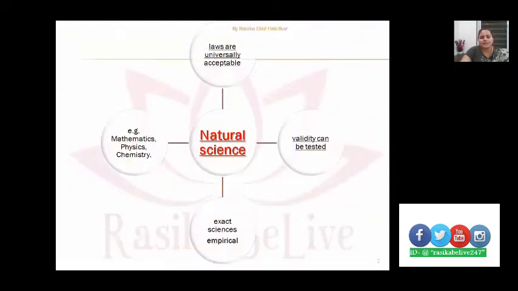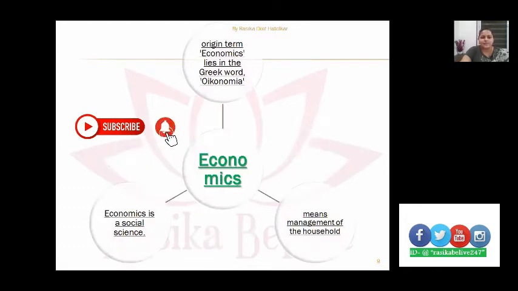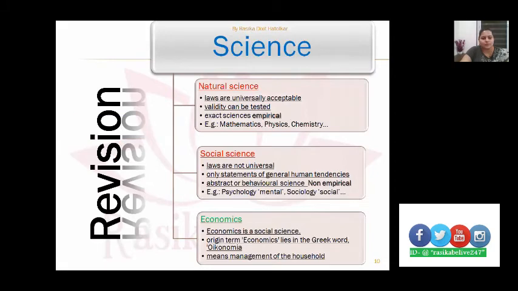We have seen that science is distributed into two parts, natural science and social science, which are empirical and non-empirical. Economics takes its name from the Greek word oikonomia, which means management of household work. Natural science includes mathematics, physics, and chemistry, which have validity and can be tested.